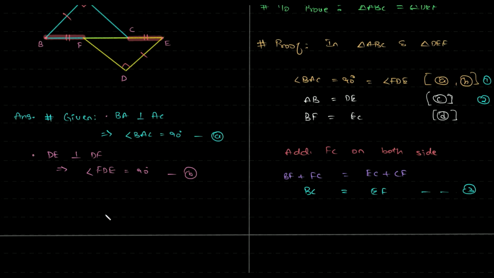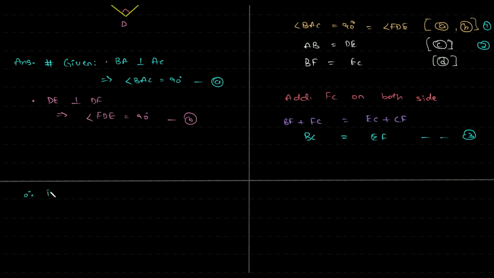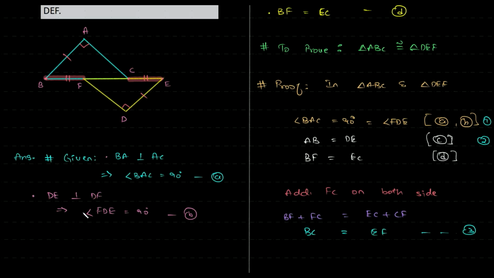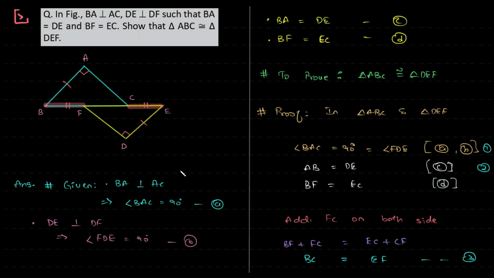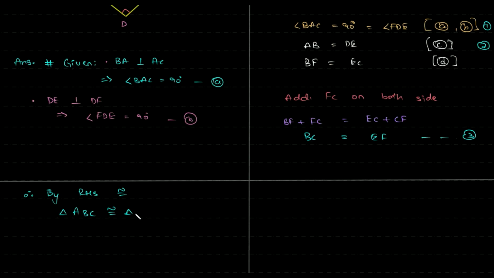So therefore, by RHS congruency, triangle ABC is congruent to triangle DEF, hence proved.